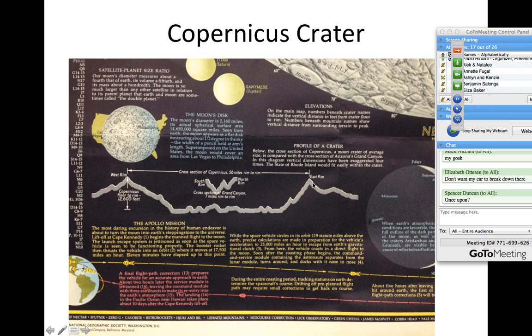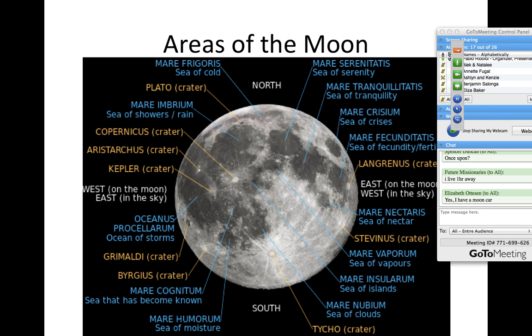Yeah, so I don't want my car to break down there. Nathan, you live very close to the Grand Canyon. So imagine living, looking into the Copernicus crater from one rim to the other. Really huge distances.